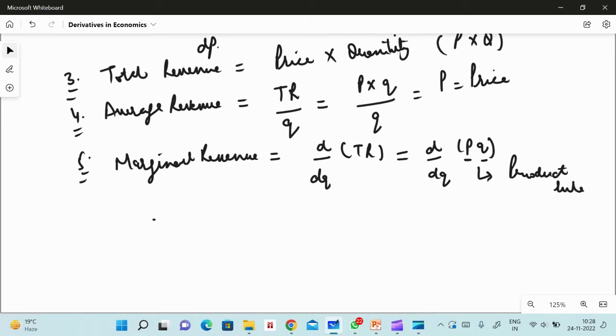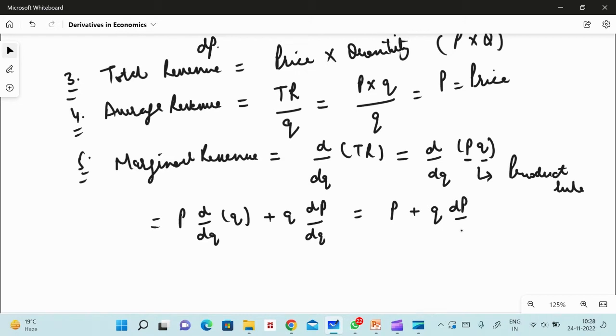If we expand this, what will we get? P into derivative of Q plus Q into derivative of P, right? And this is equal to P plus Q into dP by dQ. Here the derivative of Q with respect to Q is equal to 1, so we can write 1 into dP by dQ, or just dP by dQ.